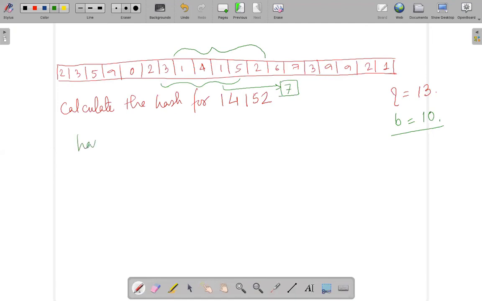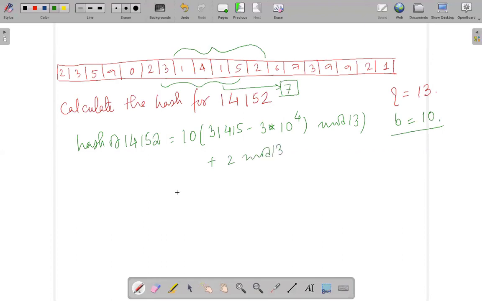The hash of 14152 is equal to 10 into (31415 minus 3 into 10 to the 4), modulo 13, plus 2, modulo 13, that is 8. Okay. So as simple as that.